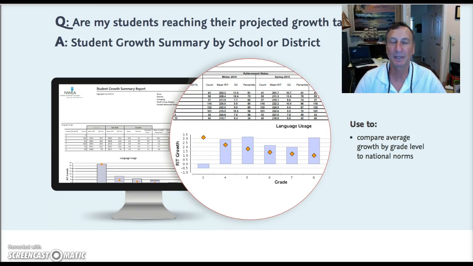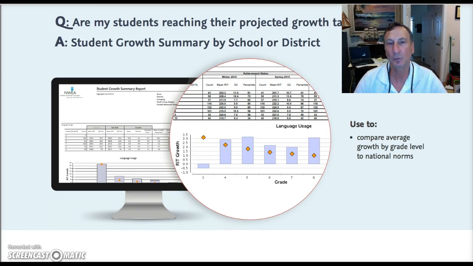Now, as I said at the beginning, when you look at the 4 quadrants, our goal is to obtain high growth, high achievement. Growth is more important than achievement. So what we want to know is if students are reaching their projected growth targets.